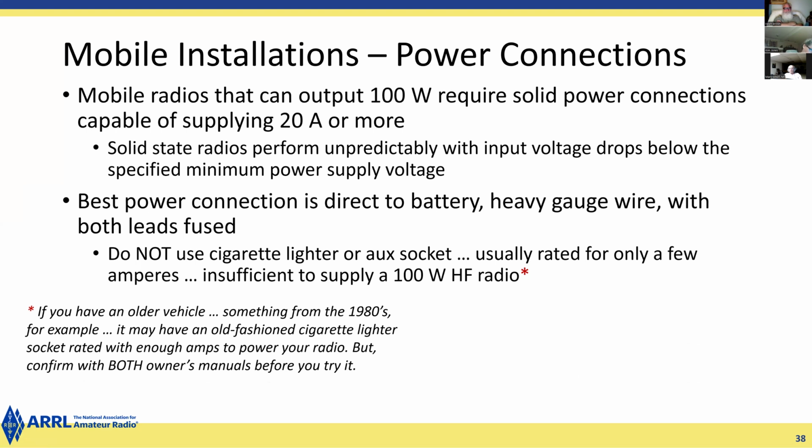That is the best place to tap off for an HF rig. It's not strictly necessary with a low power rig, but most HF rigs, even those designed for mobile operations, will output 100 watts and draw more than 200 watts at transmit power peaks.